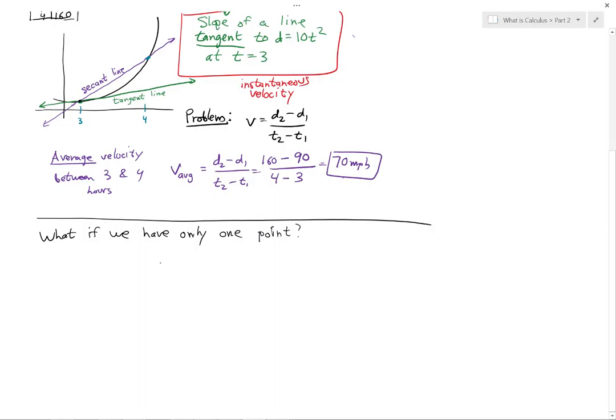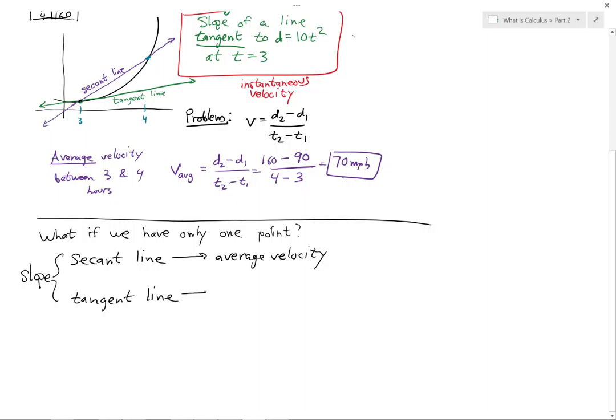Again, we have the secant line. We use that to find the average velocity. And what we really want is the slope of the tangent line, and that will give us the instantaneous velocity.